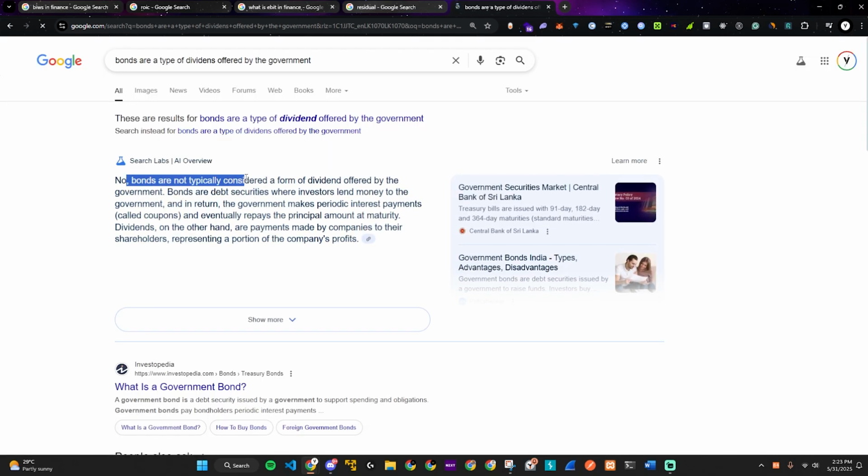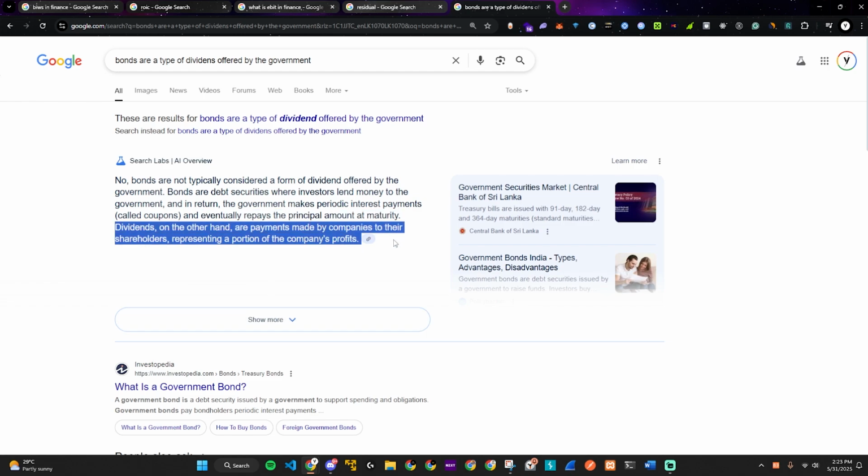Let's see. The bonds are not typically considered a form of dividend offered by the government. Bonds are debt securities where investors lend money to the government, and in return, the government makes periodic interest payments called coupons and eventually repays the principal amount at maturity. Dividends, on the other hand, are payments made by companies to the shareholders representing a portion of a company's profits. Right. So this is for shareholders of a company.